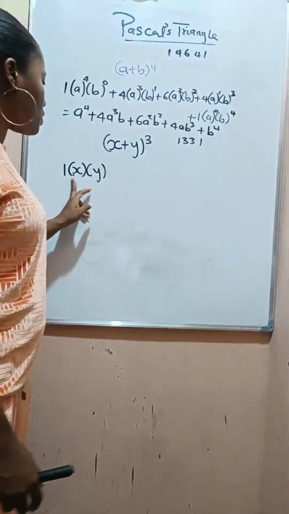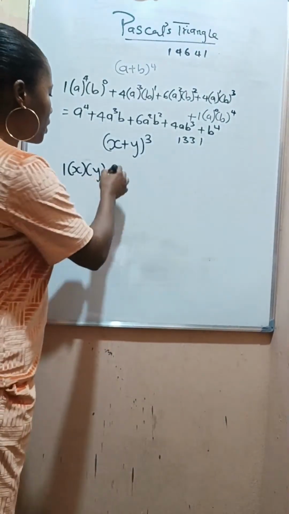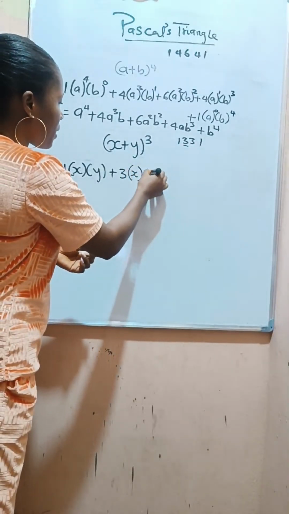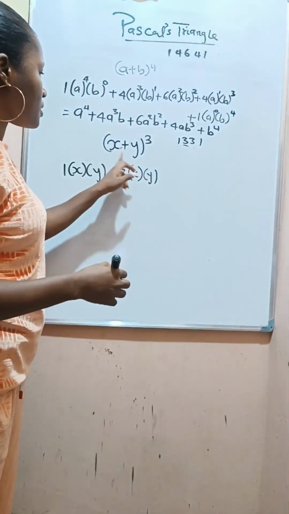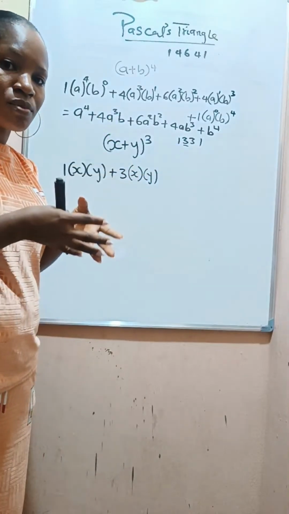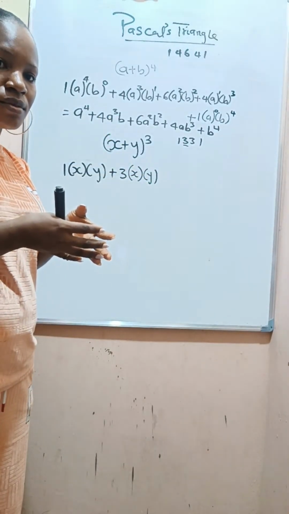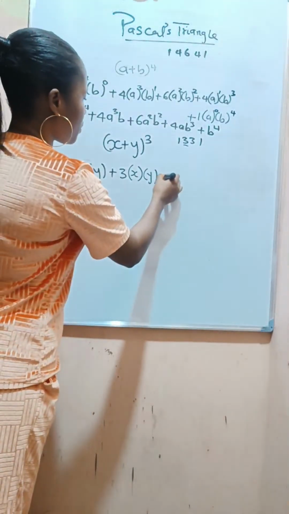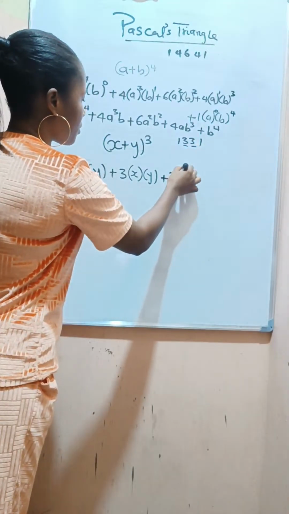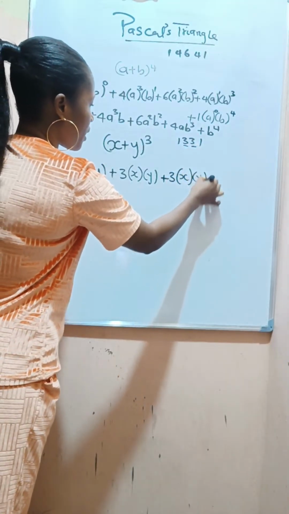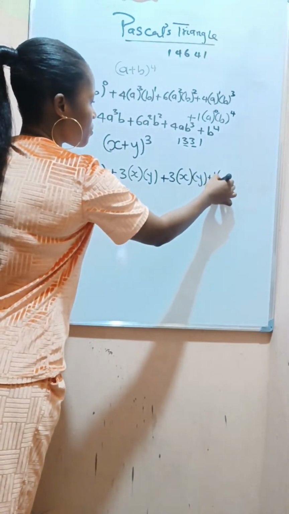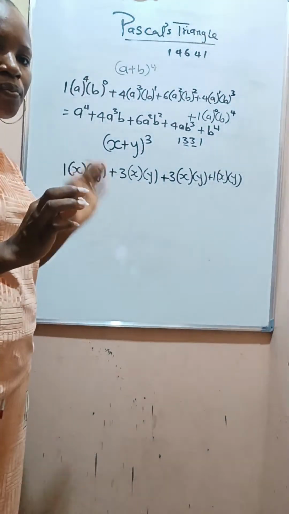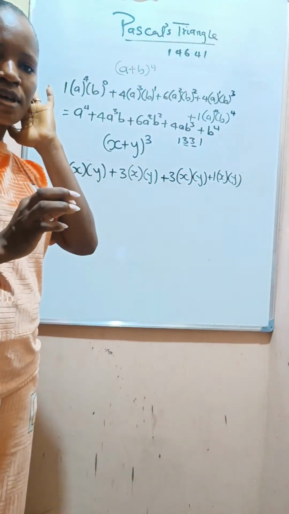So this is 1 multiplied by x multiplied by y, plus then I'll have 3 multiplied by x multiplied by y. x and y are the two things you have inside the bracket. Do you understand? Now I have plus 3 again, 3 brackets x brackets y, and plus 1 bracket x bracket y. That is the first step.